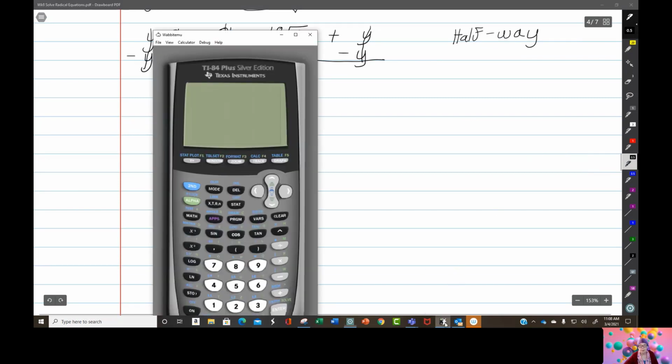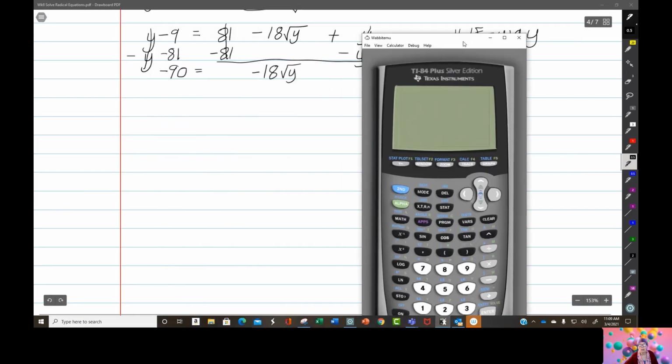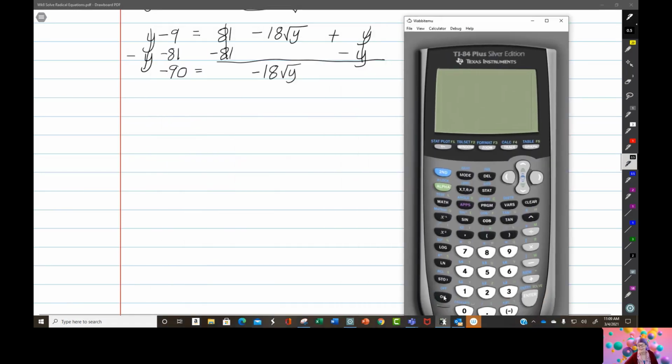Now, before I go any further, I'm going to call, who are you going to call? Not Saul, but my calculator. And I'm going to say, calculator, do me a favor. Tell me if negative 18 can go evenly into negative 90. I honestly have no idea.